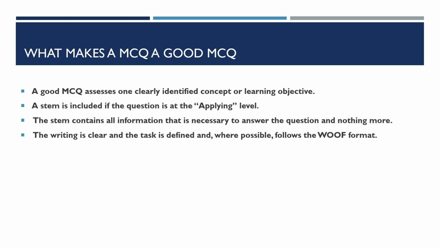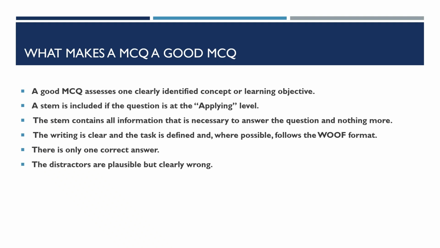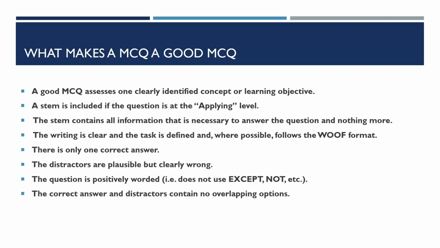The writing is clear and the task is defined, and always try to follow the WOFF format, which means the web open font format, so that it's easily visible on the screen. There's only one correct answer and the distractors are plausible but clearly wrong. The question should always be positively worded. Avoid using except and not, and if they have to be used, always highlight and emphasize the same. The correct answer and the distractors contain no overlap.